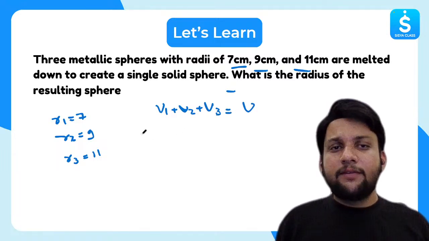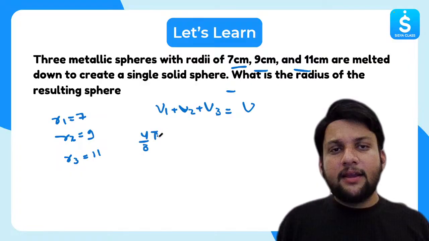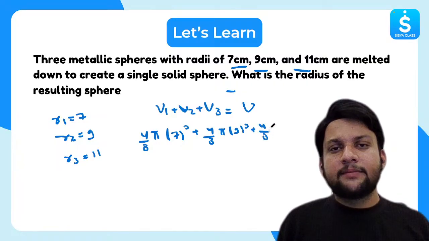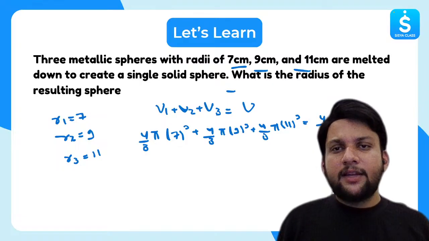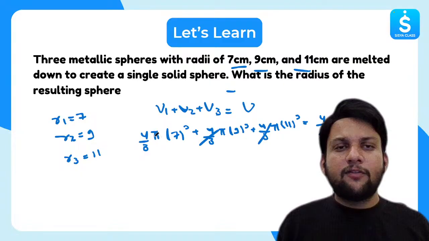What is the volume of sphere? 4 by 3 pi R1 cube, that is 7 cube, plus 4 by 3 pi R2, that is 9 cube, plus 4 by 3 pi 11 cube is equals to 4 by 3 pi R cube, which I don't know. But 4 by 3 pi cancels on all terms.